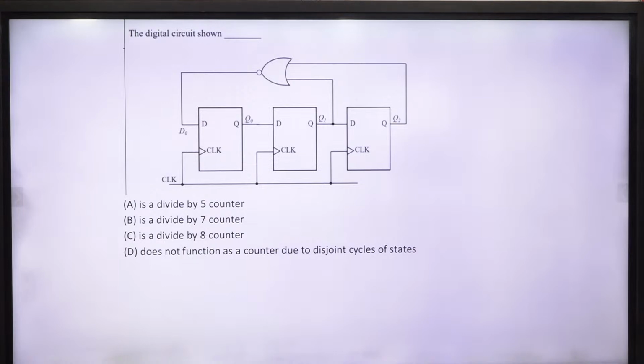Okay, so now let me tell you the procedure. You can solve it yourself then.